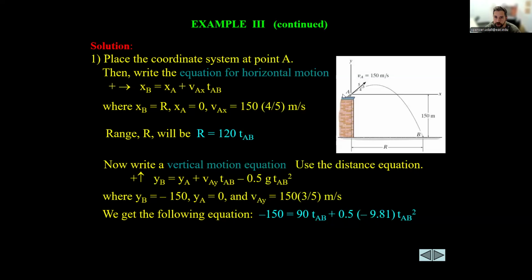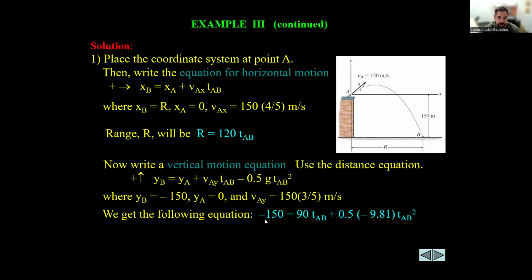And that's kind of how they've drawn up this coordinate system, with the origin at A rather than at B. So in that case, we're going from 0 to negative 150, and that's our initial and final for A and B here. The initial y velocity would be the 3/5 times 150. And the rest, we know gravity, we can plug that in. And the rest is the t's that we do not know. So we're plugging in all of those.